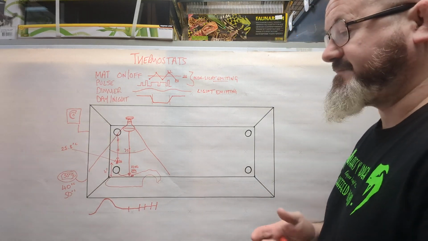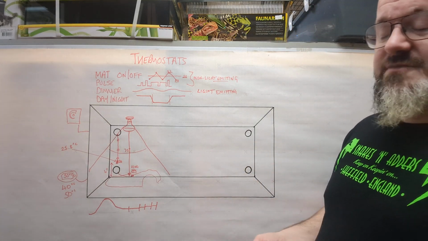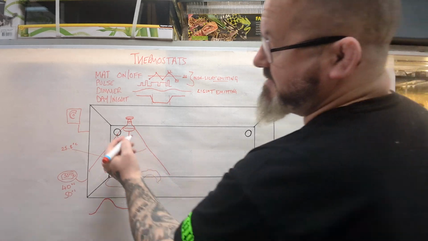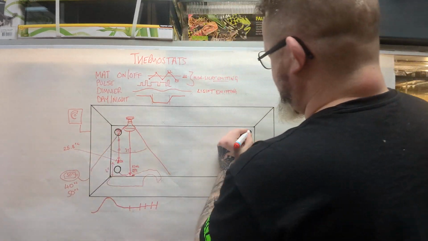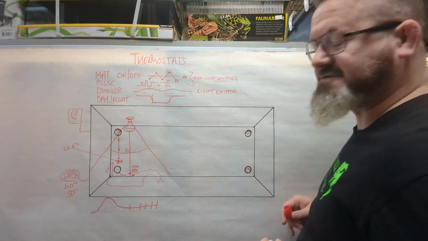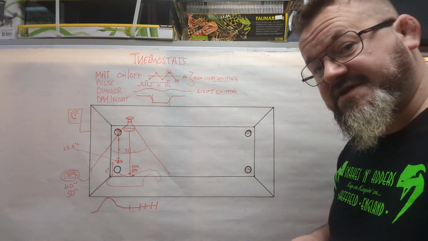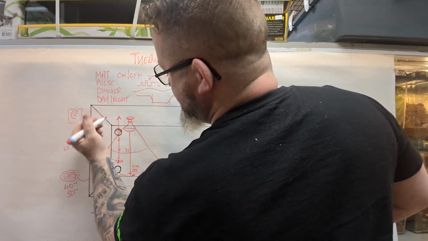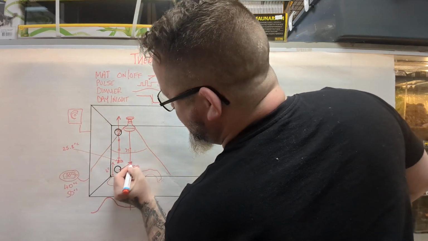Now, true stability in a vivarium is difficult to achieve, simply because we have vents and their job is to exchange air. Heat rises, we know that through physics, so your hot air gets exhausted, cool air gets dragged in.